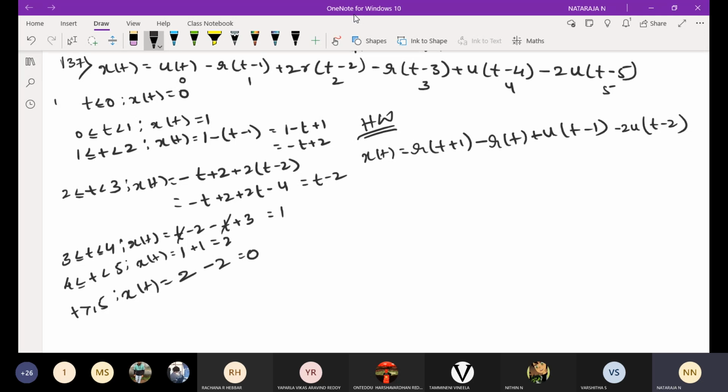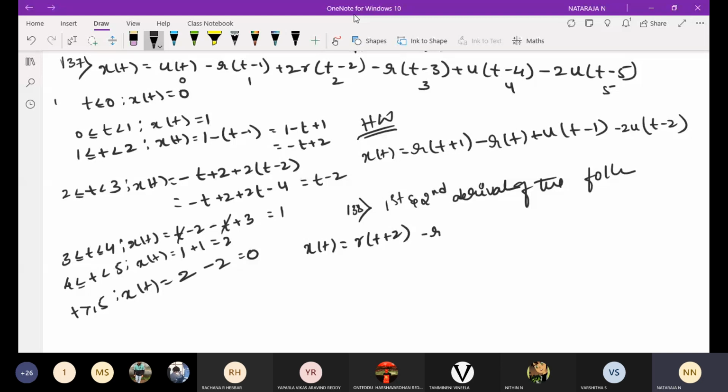Next problem, 138 or 139. Sketch the first and second derivative of the following. x of t is equal to r of t plus 2 minus r of t plus 1 minus r of t minus 1 plus r of t minus 2.